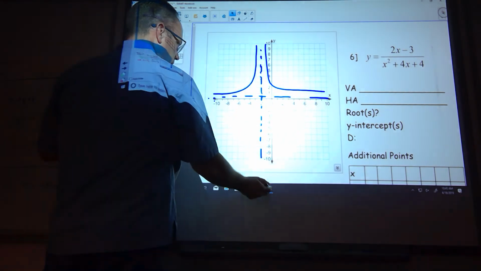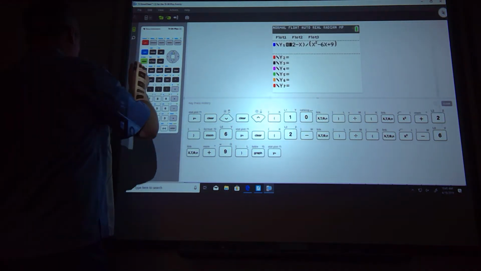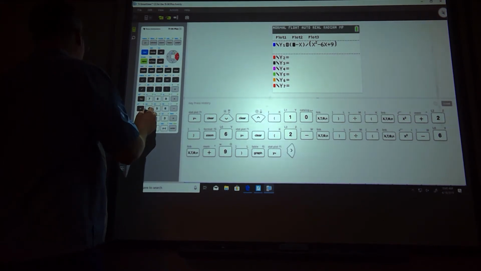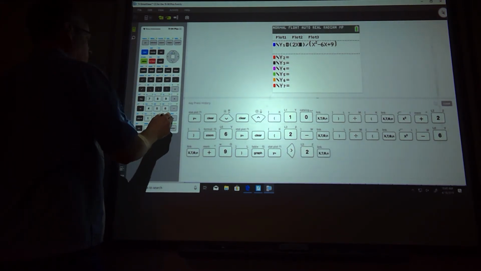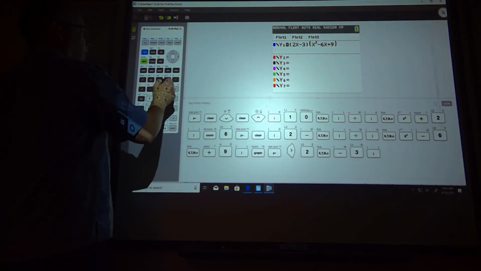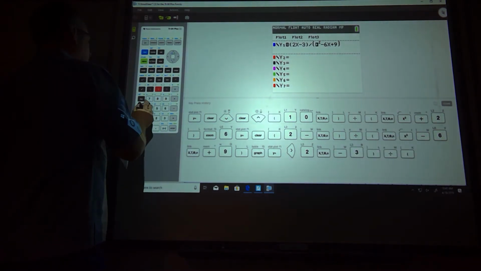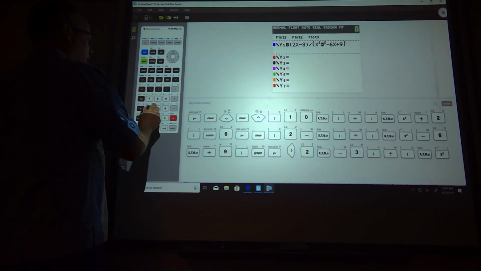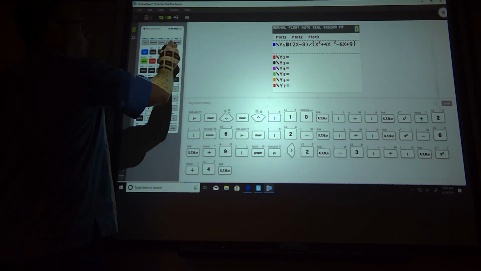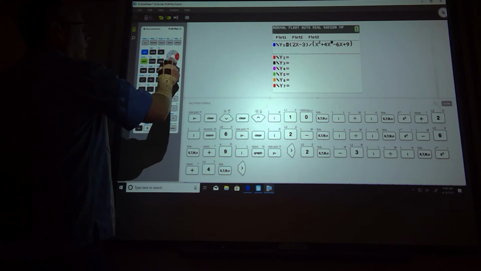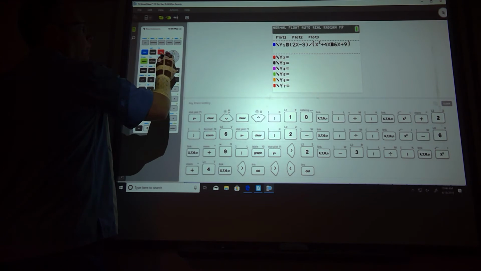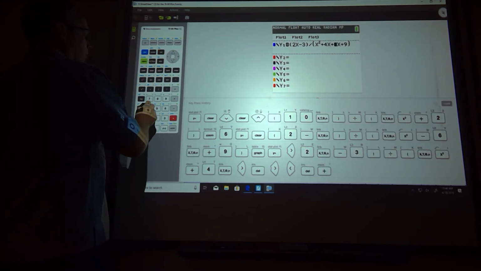All right, so let's go back to my graph. Y equals (2x minus 3) divided by (x squared plus 4).